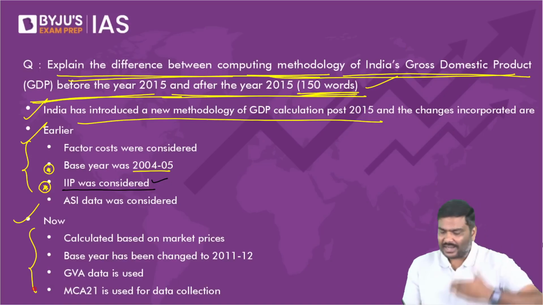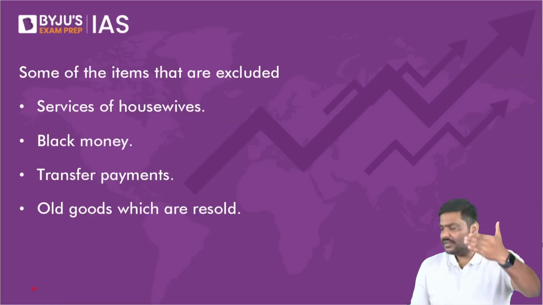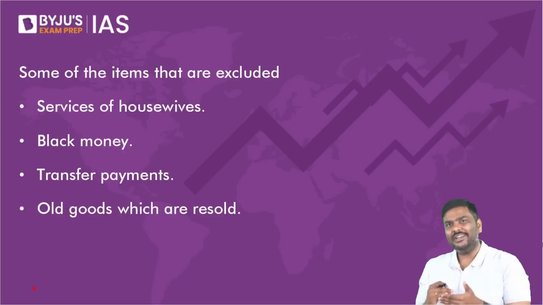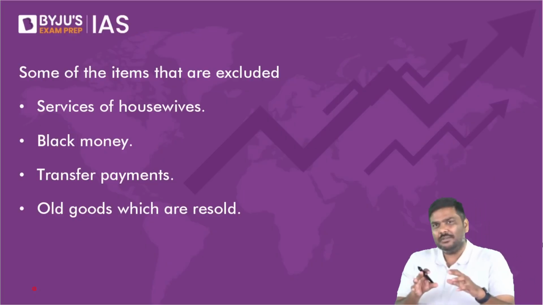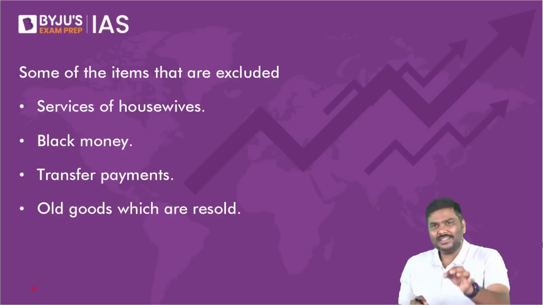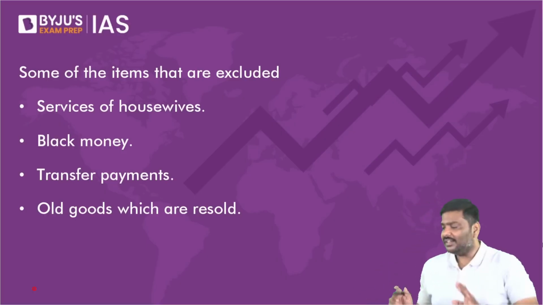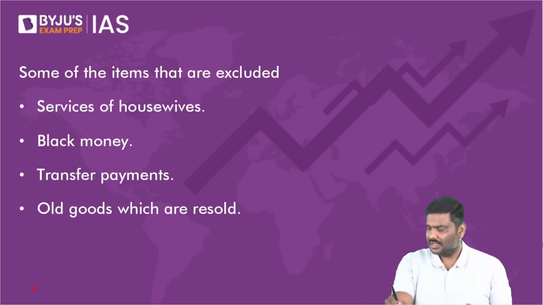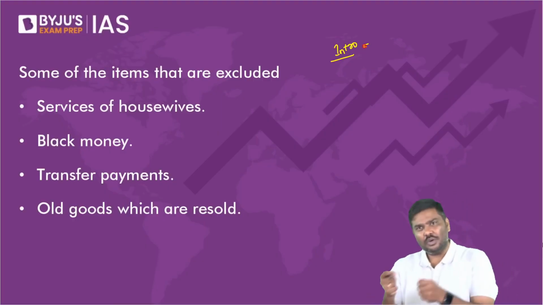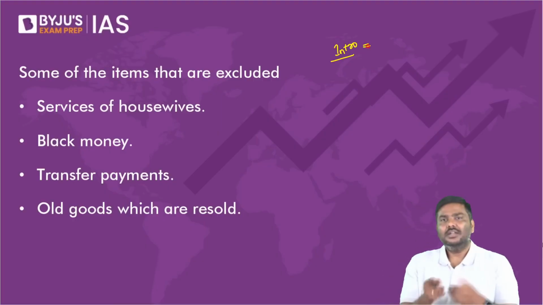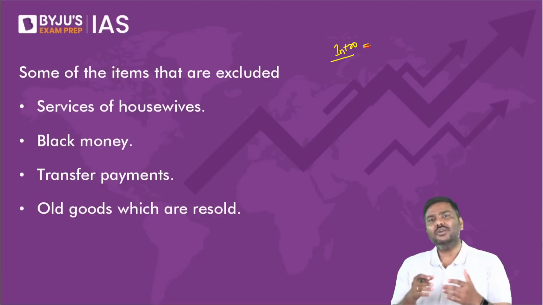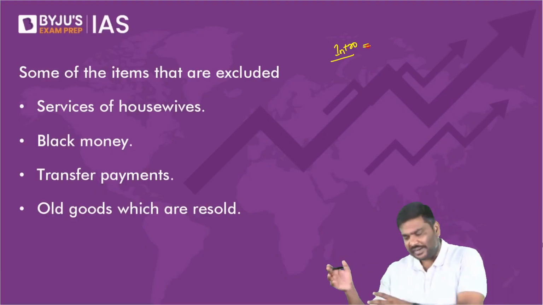You get a student's answer sheet with points given point by point. Will the first impression be this or not? You will realize that the student has memorized and written the answer. Rather than that, write the intro first. What is the intro? GDP, gross domestic product. The government, that is NSO, introduced a new methodology starting from 2015.